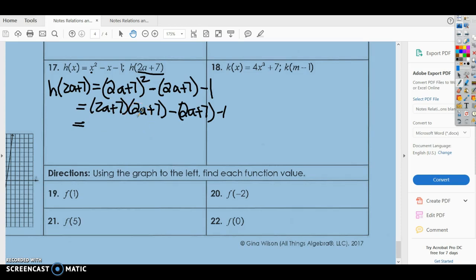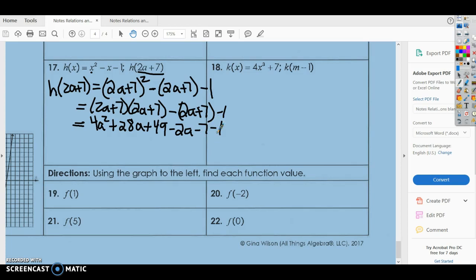So you've got 4a squared, first times first, and then you got outside and inside. So I've got 14a plus 14a, and that gives me 28a together, and then 7 times 7 is 49. And then I have minus 2a, and then I distribute the negative and have negative 7 as well.